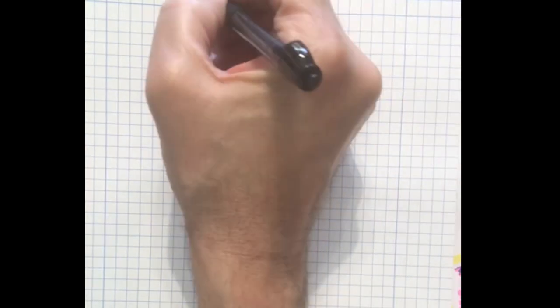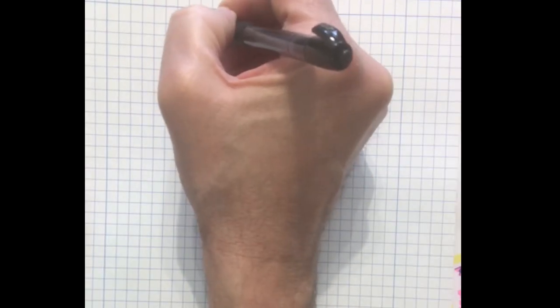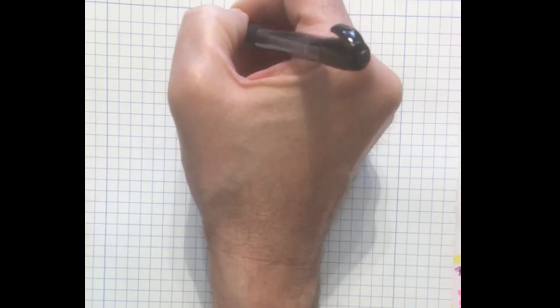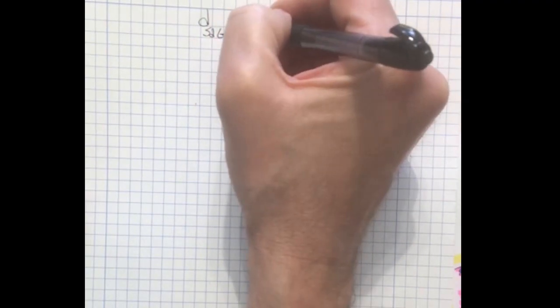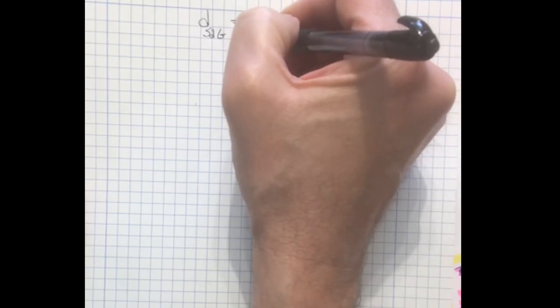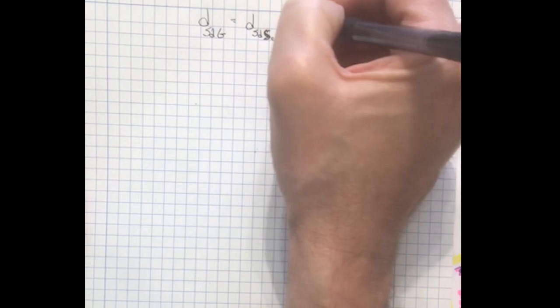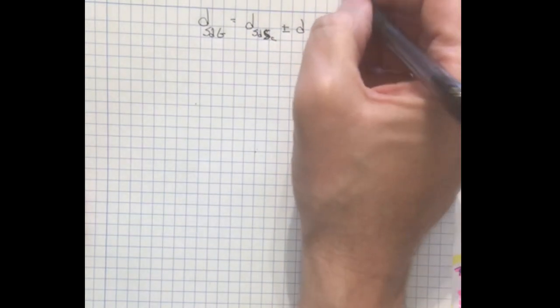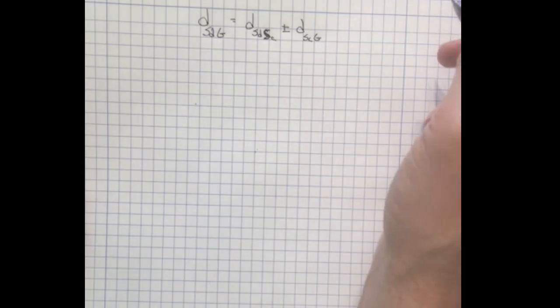Well, the Doppler effect all comes about because of a relative motion situation. So let's start there and say that the distance that the sound wave travels with respect to the ground would equal the distance that the sound wave travels with respect to the source, plus or minus, depending upon the direction, the distance that the source travels with respect to the ground.